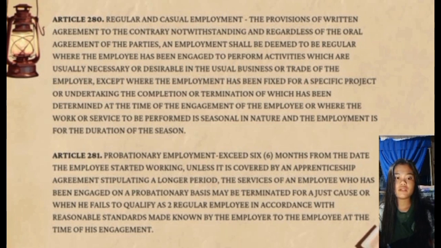The services of an employee who has been engaged on a probationary basis may be terminated for a just cause or when he fails to qualify as a regular employee in accordance with reasonable standards made known by the employer to the employee at the time of his engagement. So it means an employee who is allowed to work after a probationary period shall be considered a regular employee.